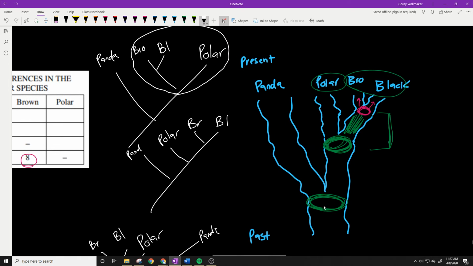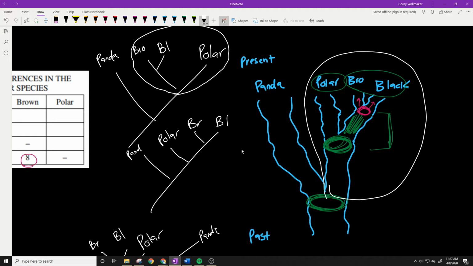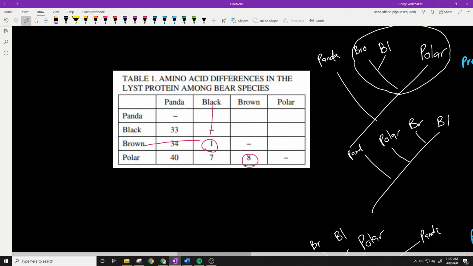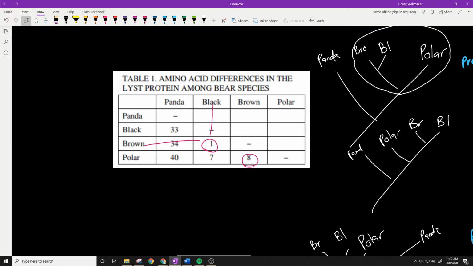So the only thing that we can say is that we expect the differences between these lineages and the panda lineage to be approximately the same. Now, obviously they're not exactly the same, and why they're different, that's for further exploration. We don't know that just by looking at this data. But this could just as easily have polar saying 33 and brown saying 40.